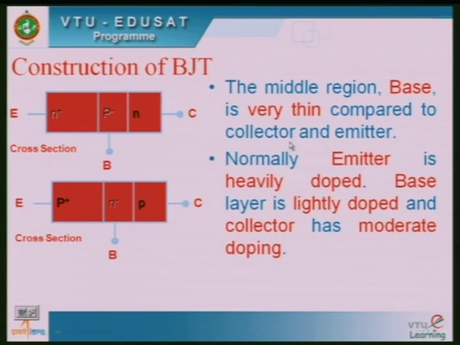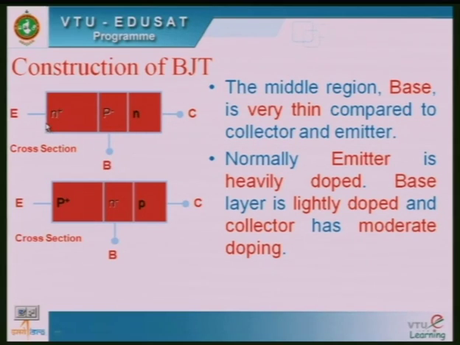If you understand these concepts, then it will be very easy to understand the operation of the bipolar junction transistor. As I repeat, the bipolar junction transistor has three layers, NPN or PNP type, and as shown here, the N plus layer forms the emitter, the N layer forms the collector, and the P minus layer forms the base.